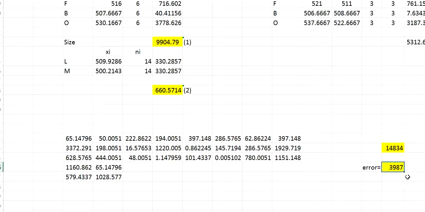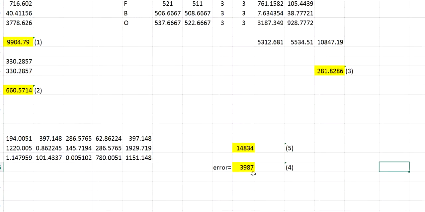Now from the total sum of squares, if you subtract all the main effects and the interaction effect, that will give you the error. You can see the total sum of squares is this minus that and that. That will give us the error sum of squares.